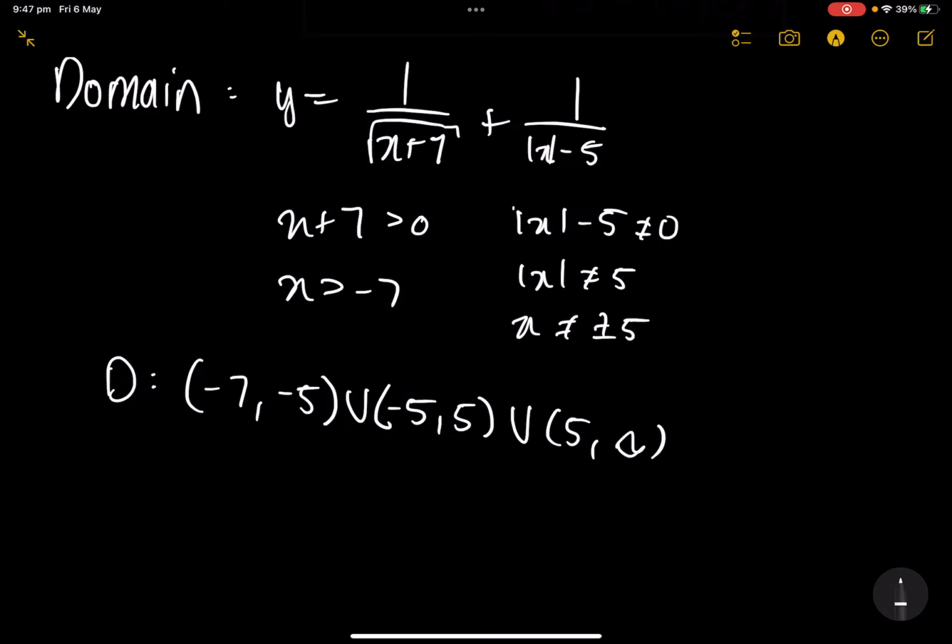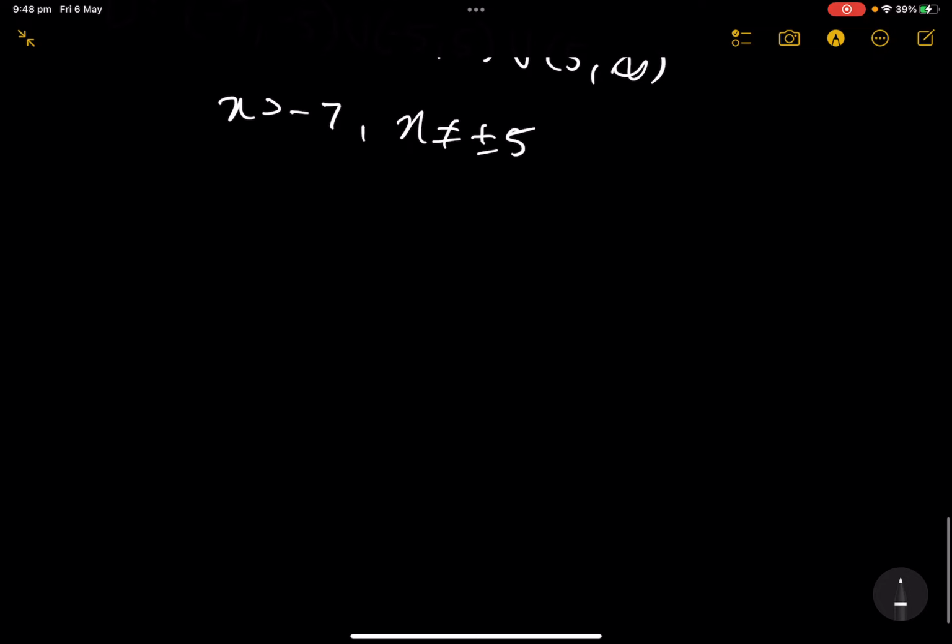Or if you want to see this in the inequality way, you would just say x has to be greater than -7, but x cannot be equal to plus or minus 5. Simple as that.